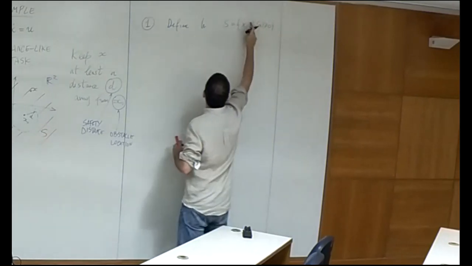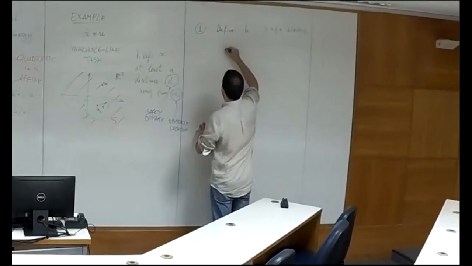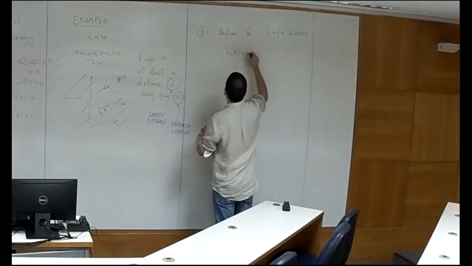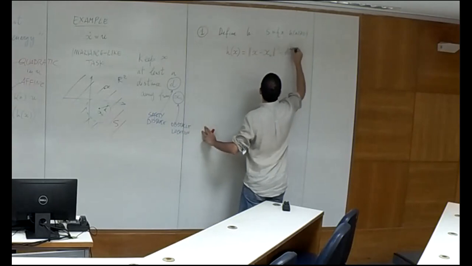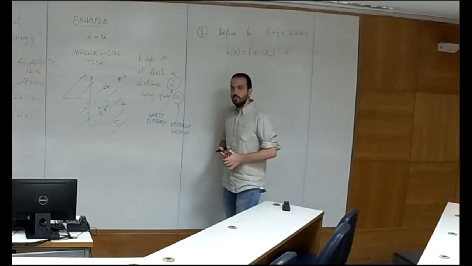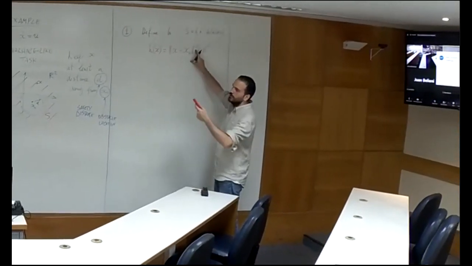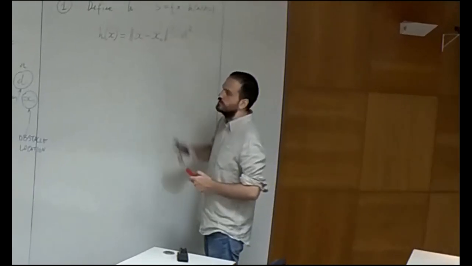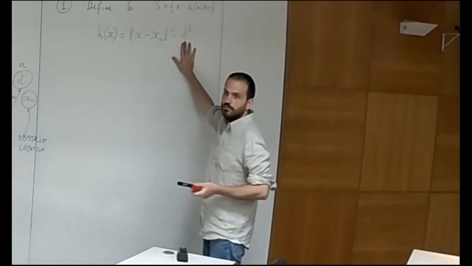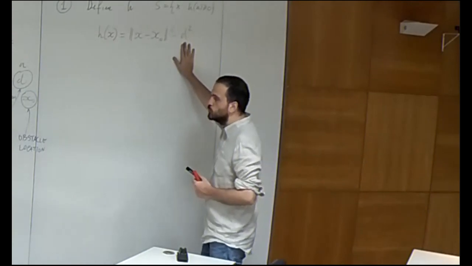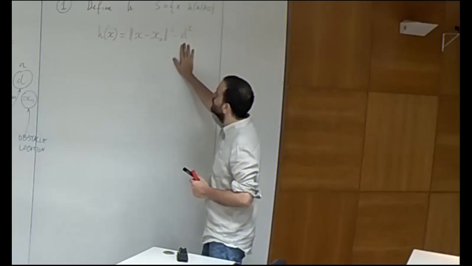Negative. How do you do that? Not that hard. In this case, h of x can be defined as the distance from the obstacle squared, because we need to take the derivatives, so it's smooth this way, minus the minimum distance squared, the safety distance. Let's see if that works.